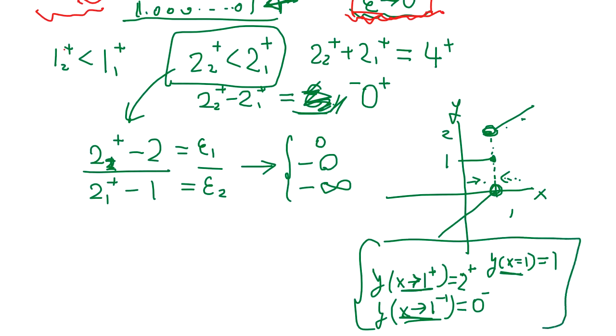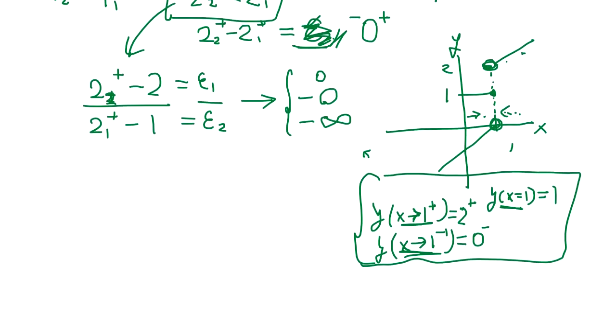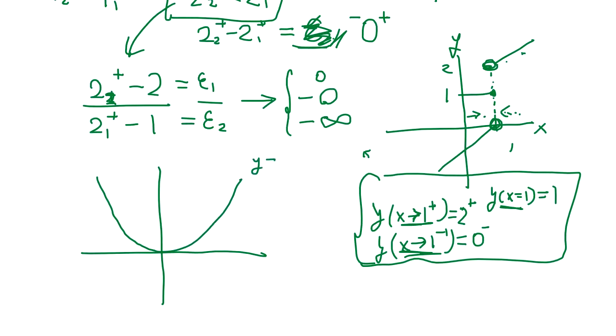This happens in a discontinuous function. If the function is continuous, it never happens. There is always this, and this value agrees.